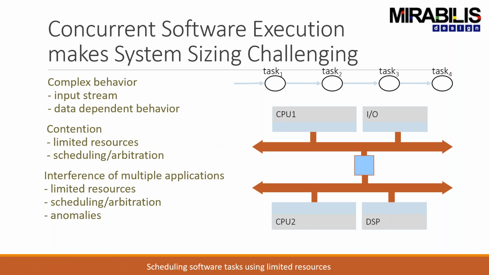Now, going back to what we were talking about, the scheduling and the unpredictability, one of the reasons is that now there's a lot of concurrent software execution. What that means is that you have all these subsystems, they're all connected together, and then you have data-dependent behavior, so you have a sequence of tasks. Each one gets mapped to a subsystem.